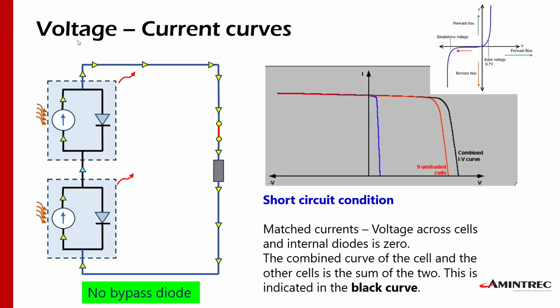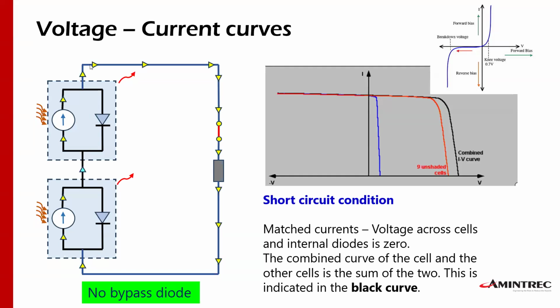Then they will both have the same amount of current produced by the current supply inside the cell. So this current will be a short circuit condition, and I will have a short circuit. If I have a short circuit between these 2 points, my voltage between these 2 points is equal to 0. That is why this internal diode is not operating.